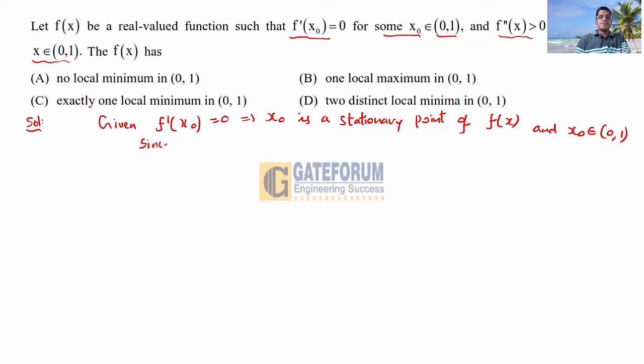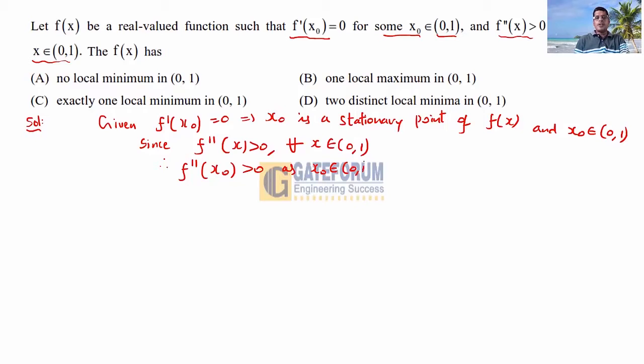Since f double dash x greater than 0 for all x belongs to the open interval 0 comma 1, that means for every number x between 0 and 1 the second derivative is greater than 0. x naught is one of the points belonging to 0 comma 1. So there, f double dash x naught greater than 0 as x naught belongs to the open interval 0 comma 1.